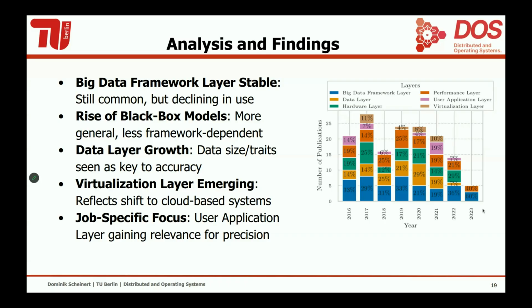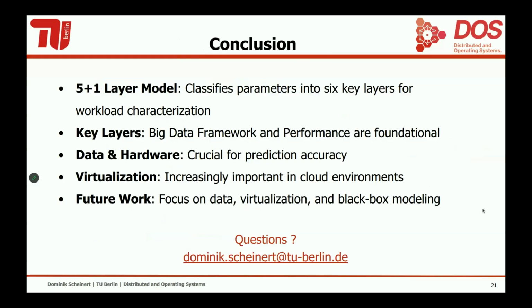Okay, so in conclusion, we derived this 5+1 layer classification model, which classifies these parameters into 6 key layers for workload characterization and is a foundation to better understand what the influential parameters are and where we could see potential in the future.